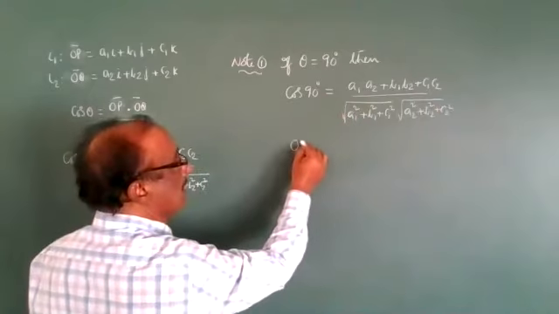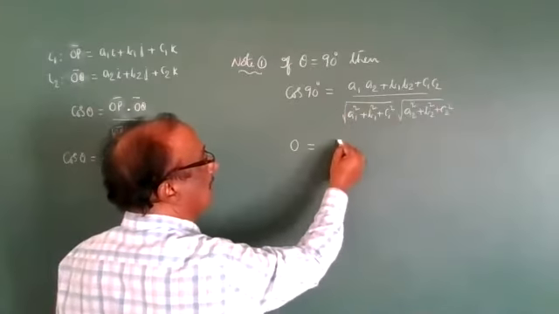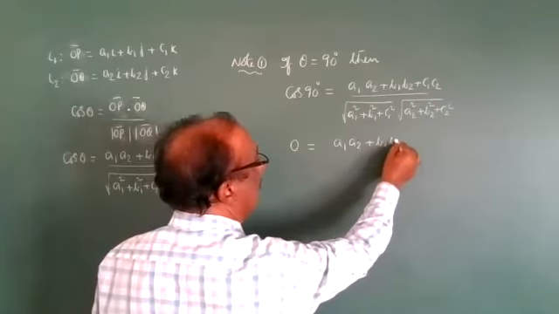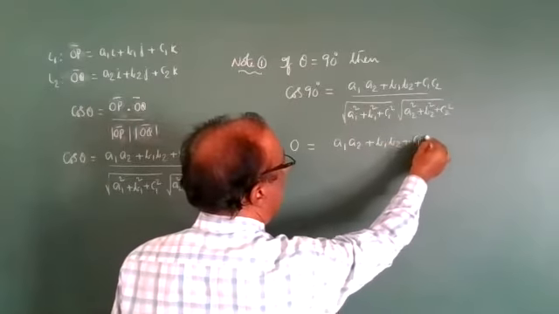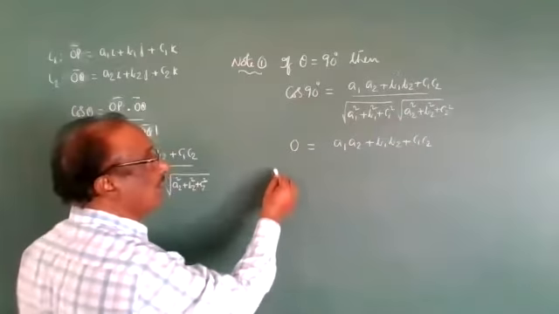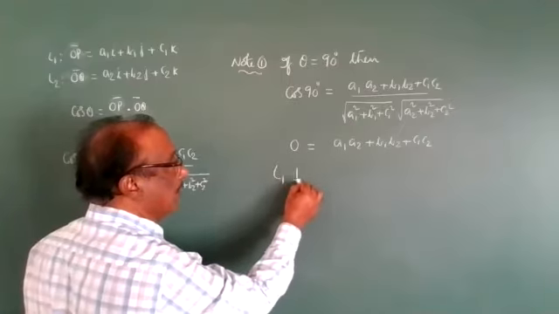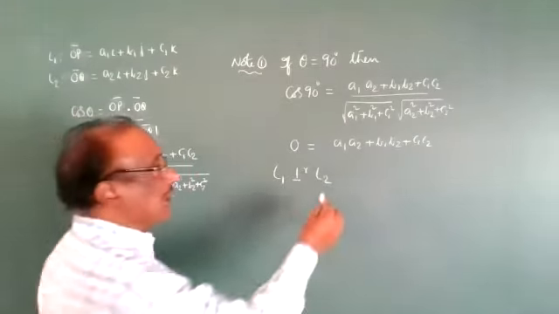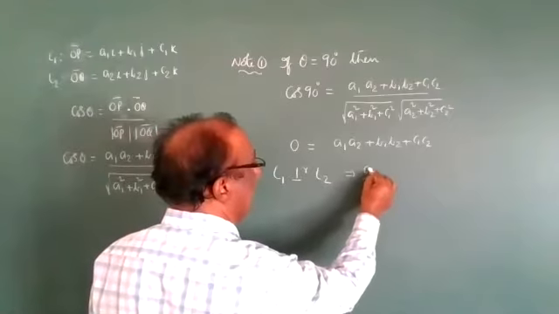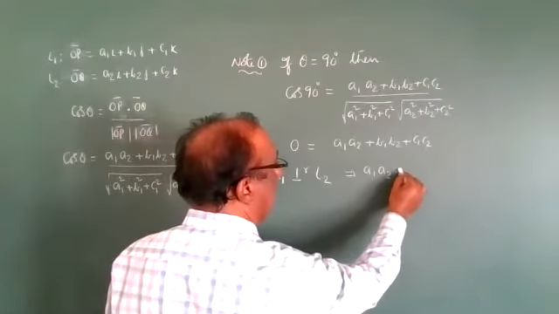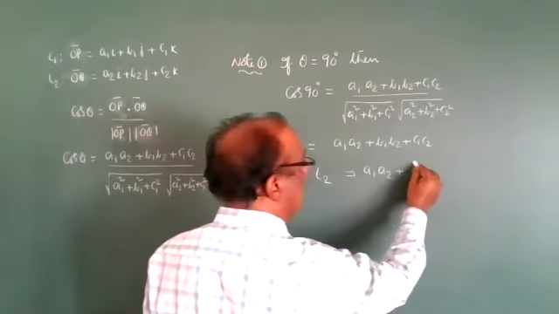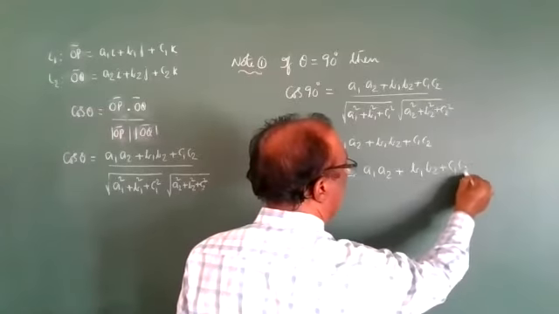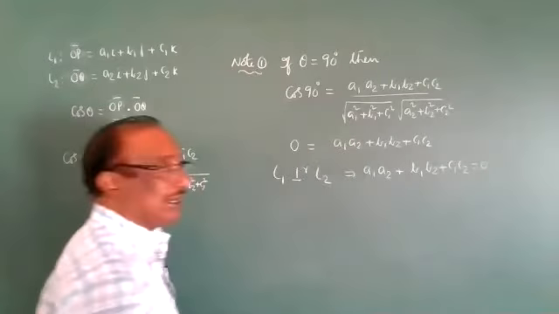The cos theta value is 0, so by cross multiplication a1 a2 plus b1 b2 plus c1 c2 is equal to 0. Therefore, the two lines are perpendicular.